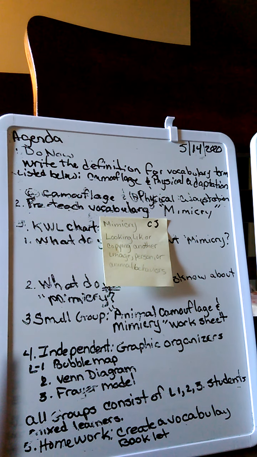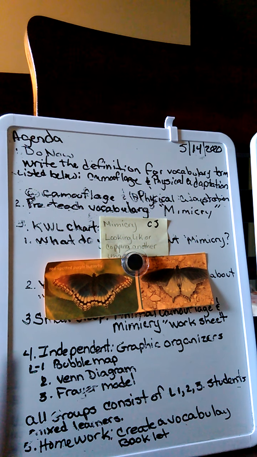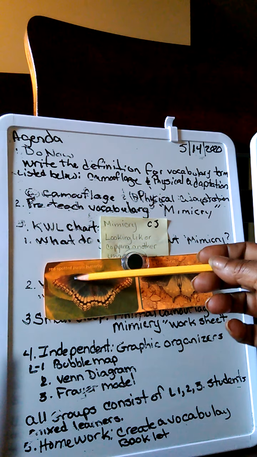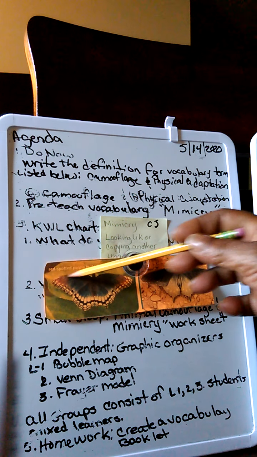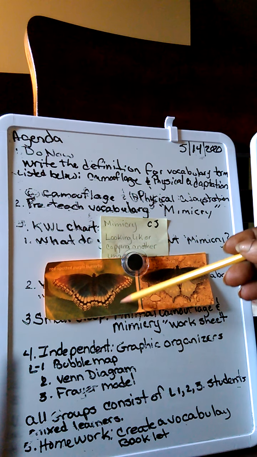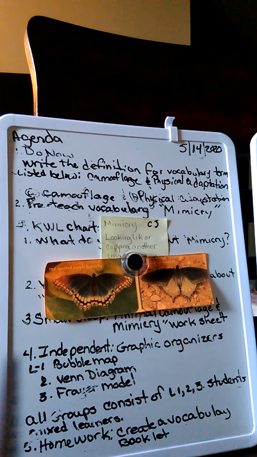One is the red spotted purple butterfly, and the other is the pipevine swallowtail butterfly. The pipevine swallowtail is poisonous, and the red spotted butterfly is not. But he's mimicking the pipevine swallowtail butterfly.